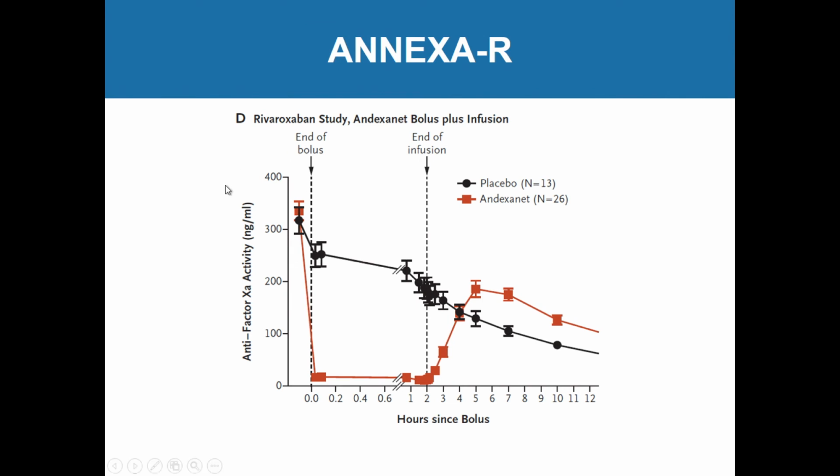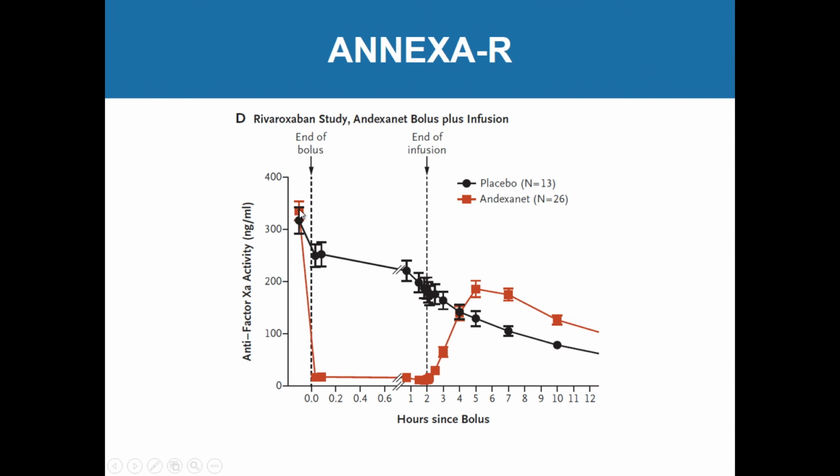This is a graph of the efficacy of andexanet in the ANNEXA-R study in normal, healthy volunteers who were given rivaroxaban to steady state and then were treated with a bolus of andexanet versus placebo versus a 2-hour-long infusion.